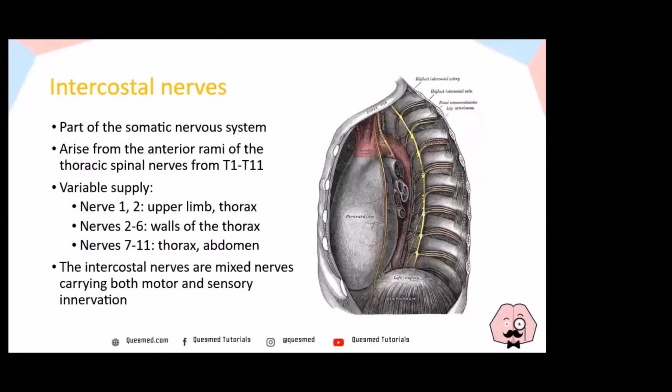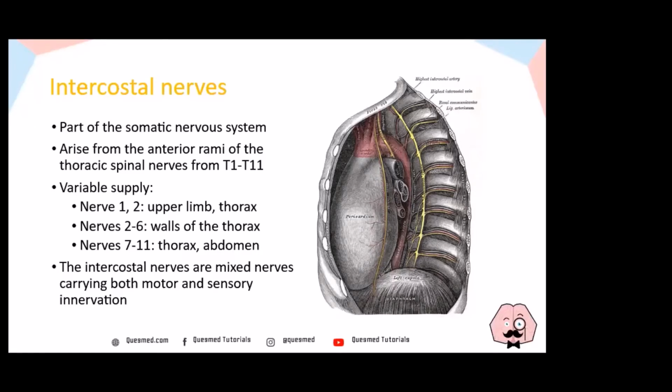So the dermatomes are covered by the intercostal nerves, which are part of your somatic nervous system. Your intercostal nerves arise from the anterior rami of your thoracic spinal nerves between T1 and T11. And they can have quite variable supply, but your 1st and 2nd normally do supply your thorax and part of your upper limb, your 1st more than your 2nd in terms of your upper limb.